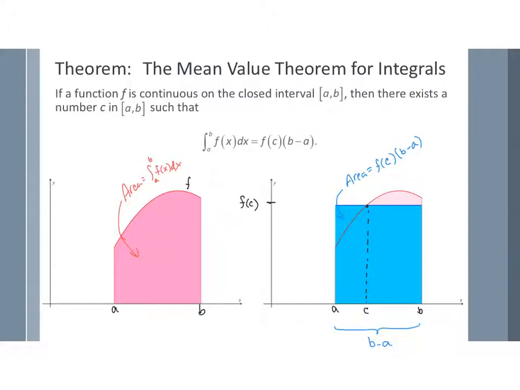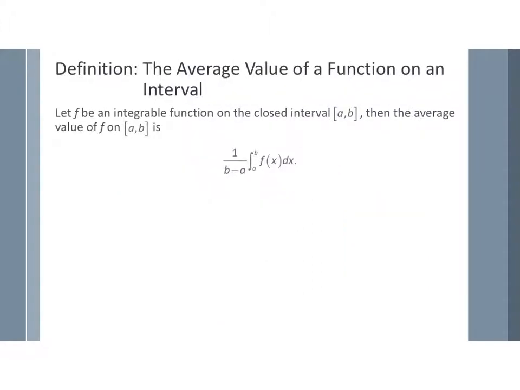Another way to think of it is, if I take this blue line right here and I use that to chop off my function's top, this area up here can fit in this small region right here. We say that f of c is the average value of the function.